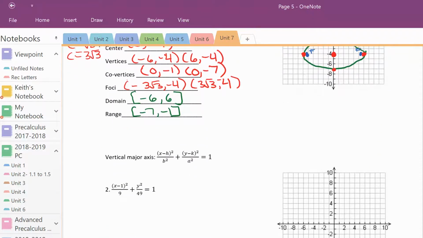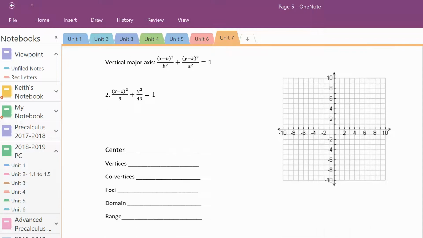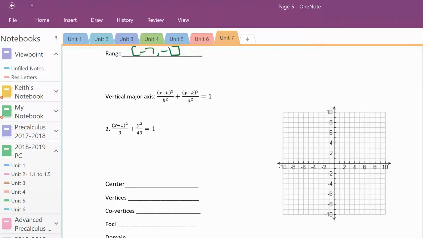Alright, if it was a vertical major axis, like this, now the center is at (1, 0). Now our a squared is 49, so that means a is 7. Here's (1, 0). We're going up 7, and we're going down 7.